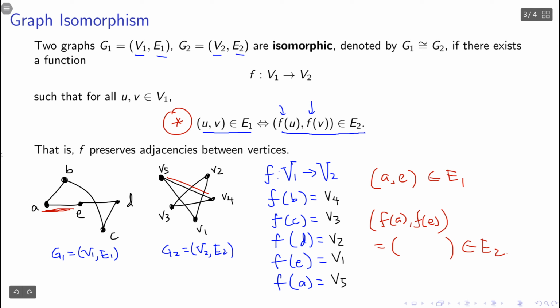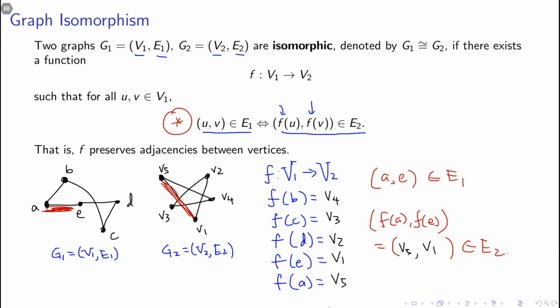If you apply the same condition, right? F of A is V5, F of E is V1. So all that does is now map these edges to each other using F. And it still works. It's just another way of doing that renaming, right? So that you get this isomorphism between the two graphs. That proves that they do have the same structure: 5 vertices each, and connected using a 5 cycle.